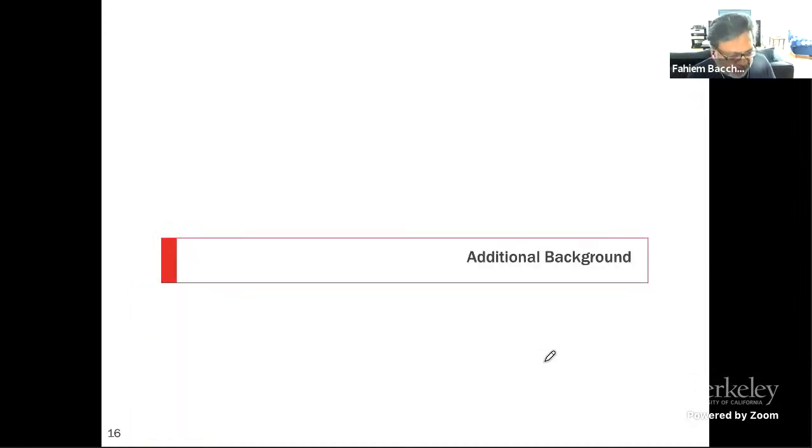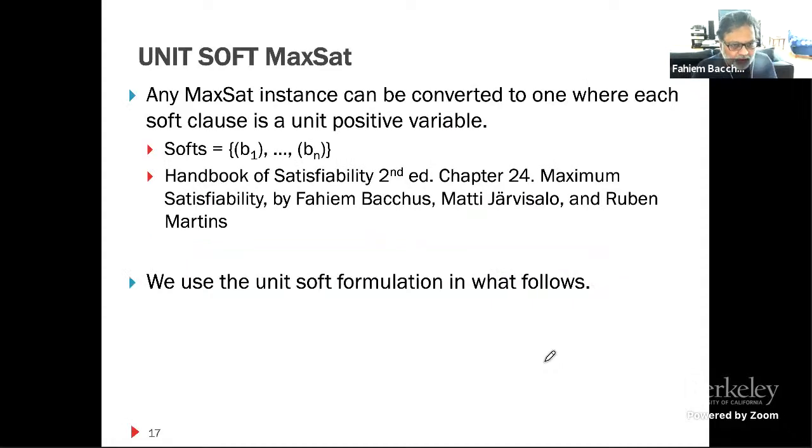So there's a couple other things I need before I get into where we are with respect to optimization in the current state of the art. One is to note that any MaxSat instance can be converted to one where every single soft clause is a unit clause over positive variables.